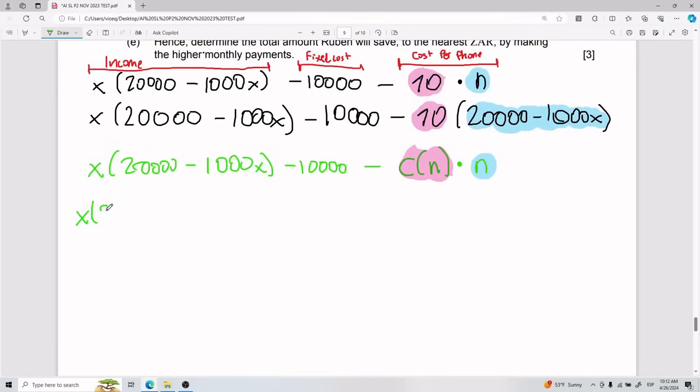Technically, your equation is now, well, this is not going to change, right? I make sure I have the right amount of zeros. Minus 1,000x minus 10,000 minus, and here's the juicy part, you plug in C of n.